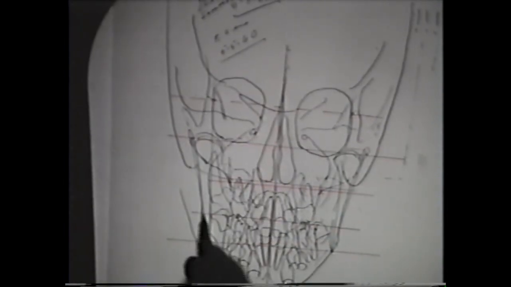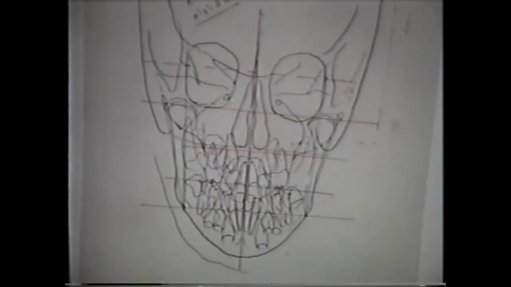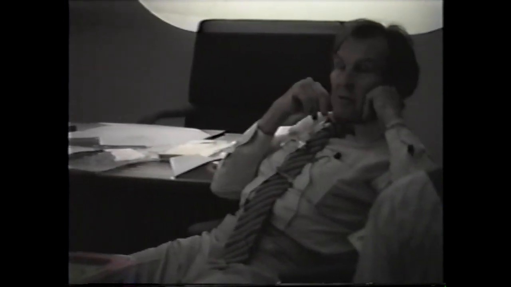Now, if this angle here is different from that angle there, it's the difference between the two angles. If the two angles are not the same, if one's bigger than the other, then the mandible might be like in a crossbite. The mandible is shifted to one side.